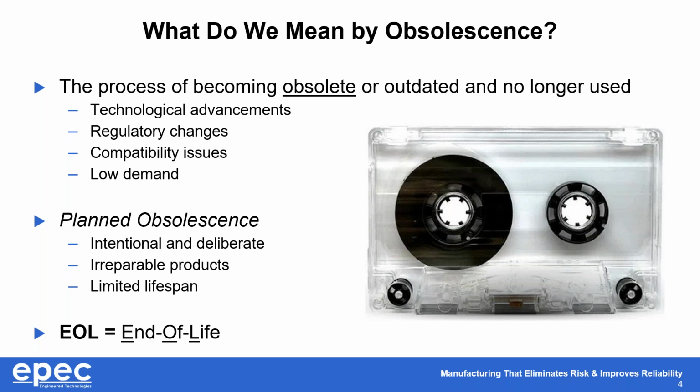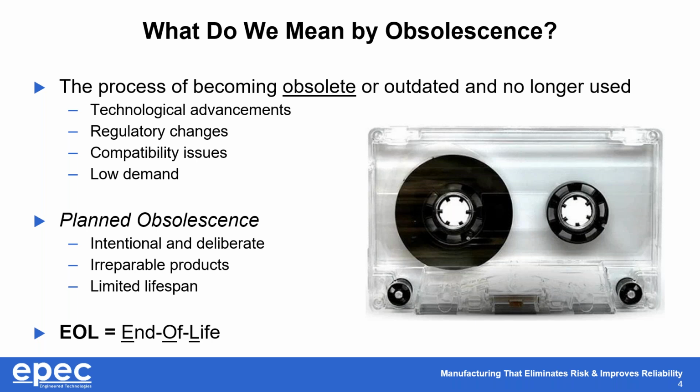And it's not just electronics, it's all items, it's all things. It's not just the electronic products we make here at Epic, it's not just the electronics that you're probably dealing with. Again, these are all items that deal with obsolescence. Sometimes obsolescence is planned, it's intentional, and it's done to help make other products more profitable, or to improve challenges that engineers and designers may face over the course of developing products.